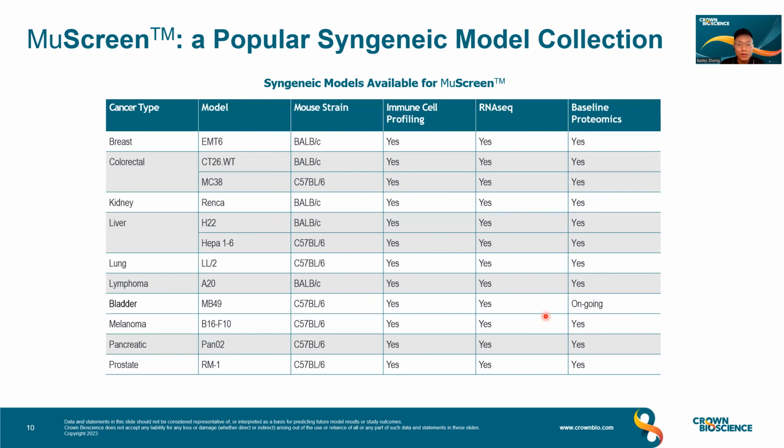Here is our screen collection of syngeneic cell line-derived models. We now have the immune profiling data, including the TILs, spleen, tumor-infiltrated lymph node, and blood. And the baseline genomic, transcriptomic, and proteomics data are also available in our online database now.